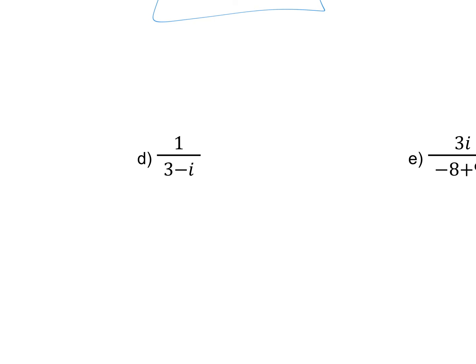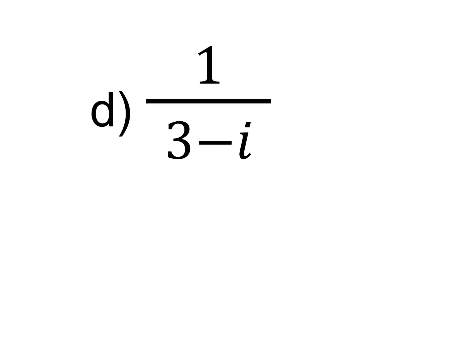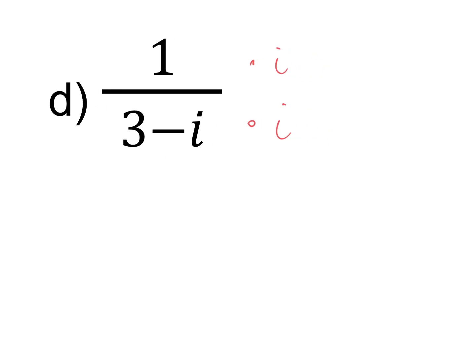Okay, now let's talk about this. This is as tricky as it gets, or pretty much. So now we have a binomial on the bottom, which is kind of a pain, but it's okay. So don't write this down because it's wrong. I'm going to erase it. You may be tempted to multiply this by i over i, which is a good thought process because that's what we've been doing on the other ones. But watch what happens since it is i over i.